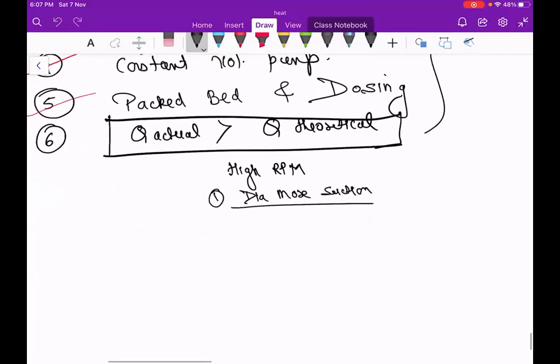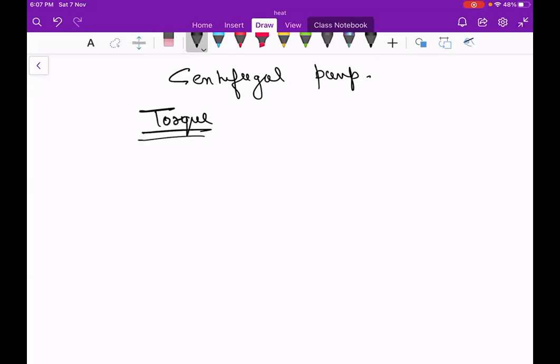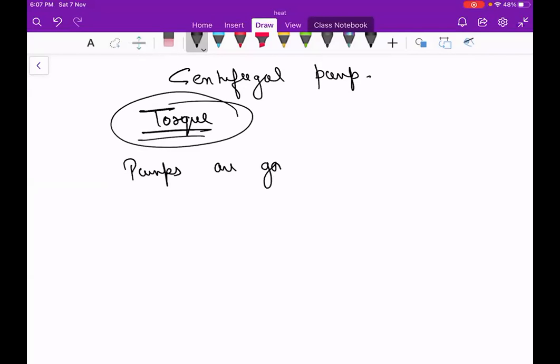Next, we are going to see the centrifugal pump. Here, who is responsible for creating the pressure drop? You can say torque is generated here. In yesterday's last class, I told you that pumps are good liquid pushers. They push the liquid very well in comparison to pulling.